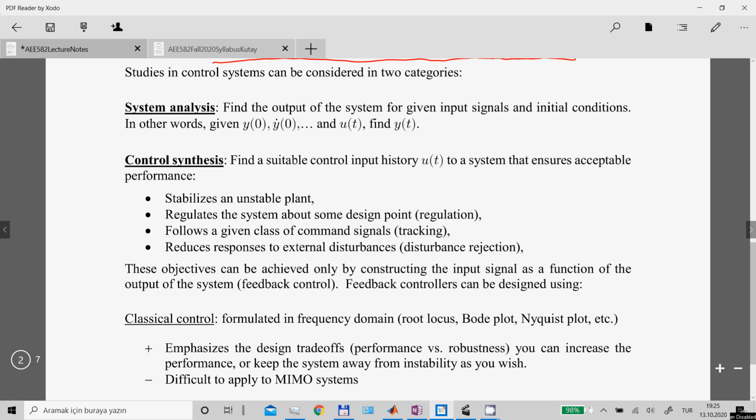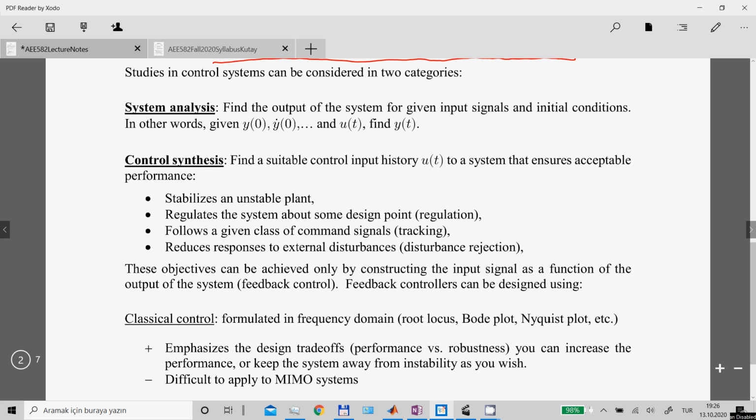So we may want the system to be regulated around some set point. So this is called regulation. We want the system to keep around a certain set point. Or we can want the system to follow a changing reference point. Instead of a fixed set point, we can give the system a changing reference signal, and we want the system to follow that reference signal. We call this the tracking problem.